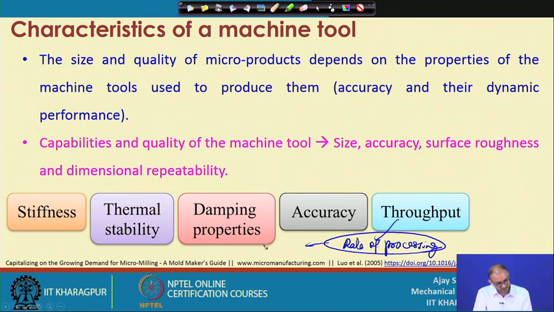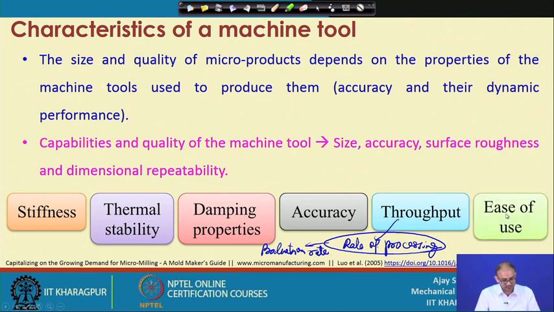That is important, because even if everything is there, we should have a reasonable amount of throughput, so that we can justify the cost versus the production rate. The cost of the machine is obviously very high, but if you are not able to extract the required amount of work out of it, your machine will not be useful for different other operations.